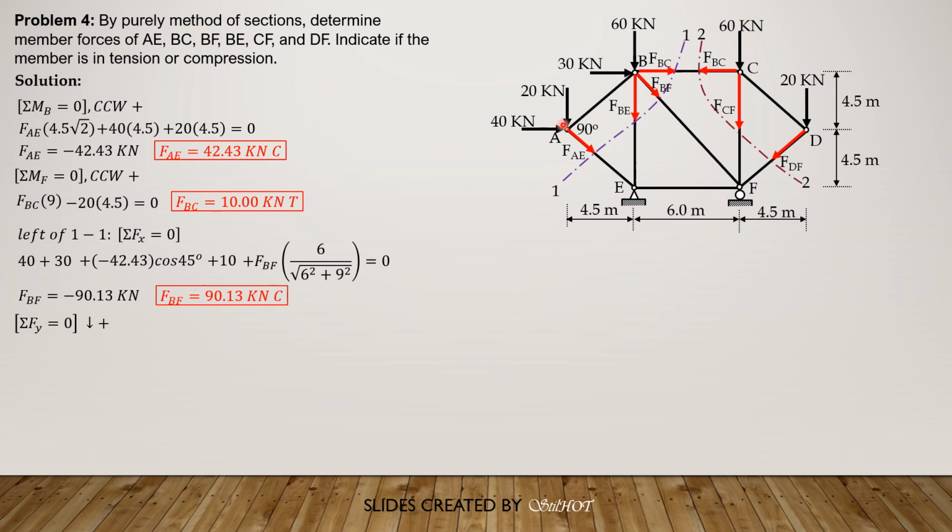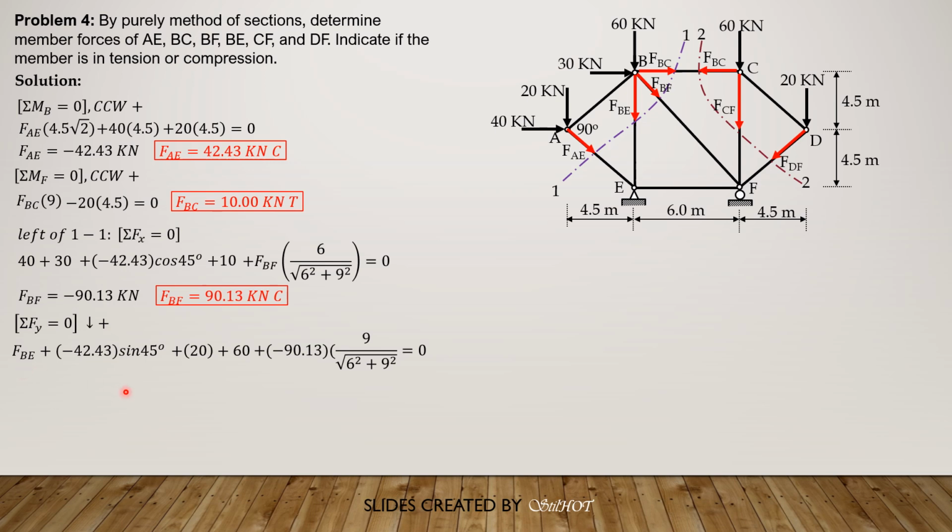So we have 20 plus 60 plus FBE, plus the Y component of FAE, which is negative 42.43 sine 45, then plus 20 plus 60, then plus FBF, which is negative 90.13 times 9 over square root of 6 square plus 9 square, then equals 0.